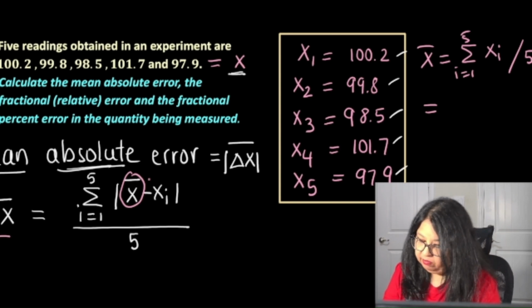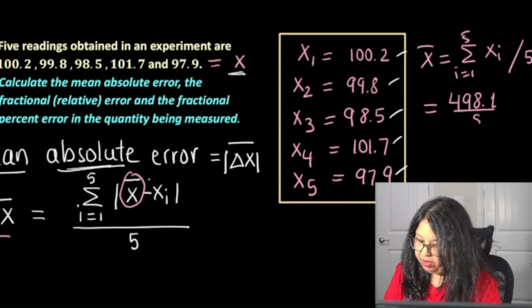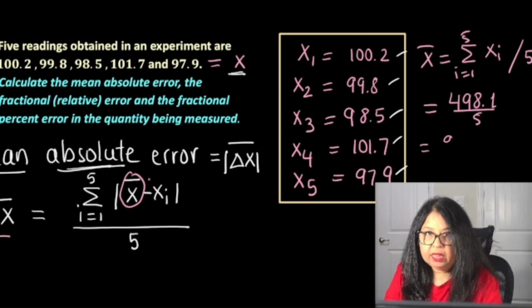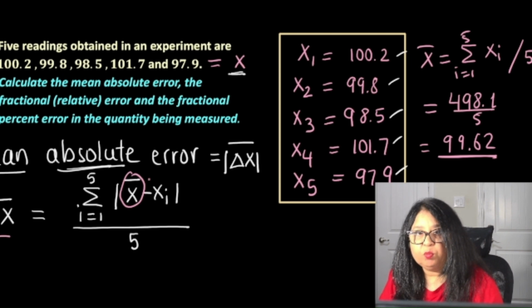Okay, this gives me 498.1, divided by 5. And that gives me 99.62. So this is our x bar.